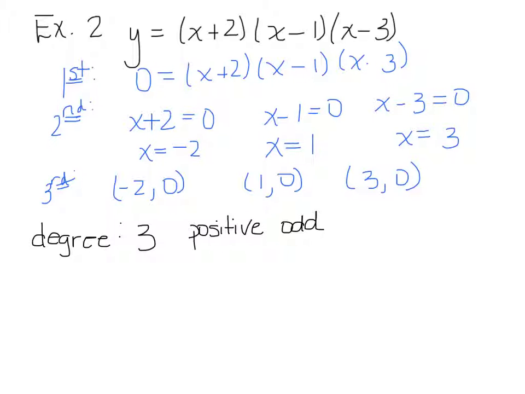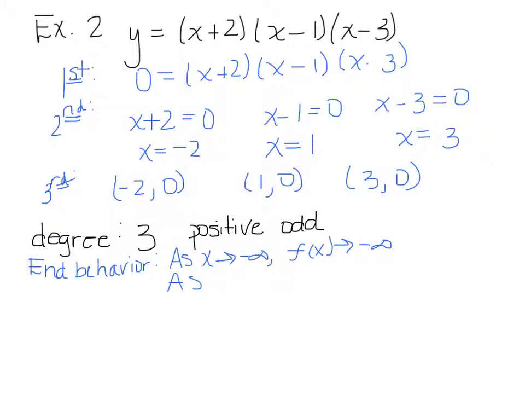So my end behavior is going to be, as x approaches negative infinity, f of x approaches negative infinity. As x approaches positive infinity, f of x approaches positive infinity. Okay, so that's going to tell us how to do our graph.